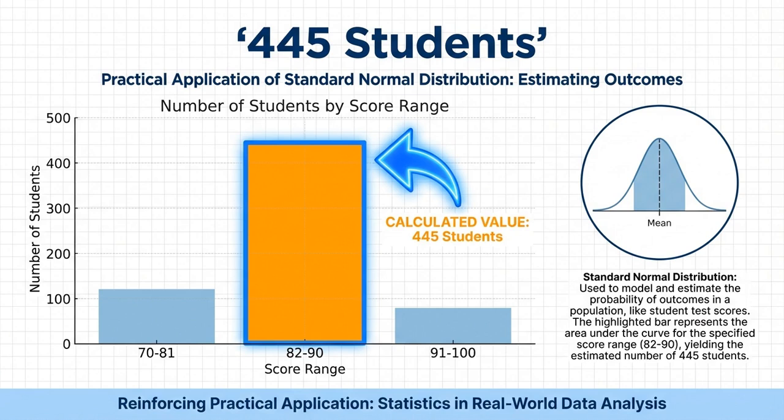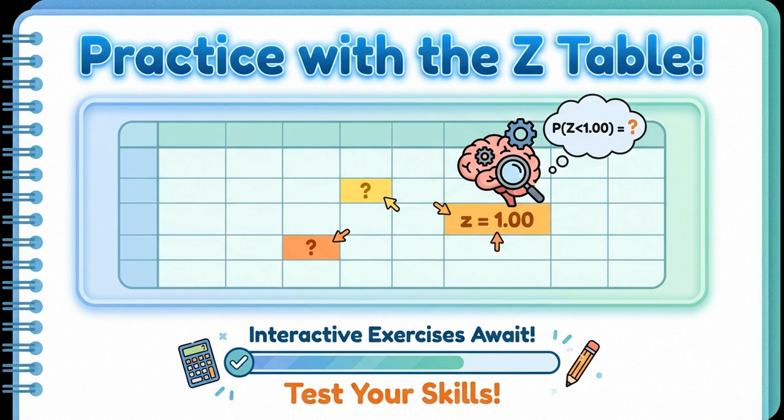And so, since we have 1,000 freshmen and 44.52% score between 82 and 90, we can estimate that about 445 students fall into that. See how we use the standard normal distribution table to avoid integration. Pretty neat, huh? Let's keep going with the normal table to find other values.